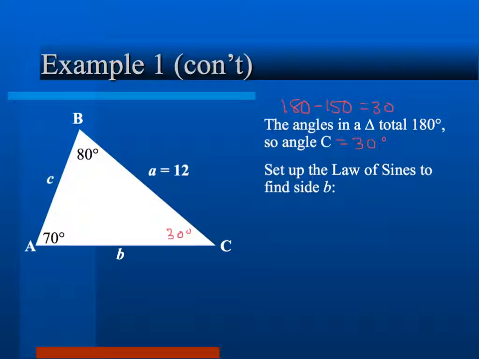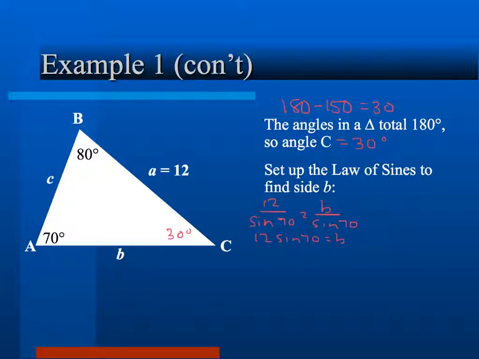To find side b, law of sines, I've got little a over sine A equals little b over sine B. And now I can cross multiply. So 12 sine 70 equals b.